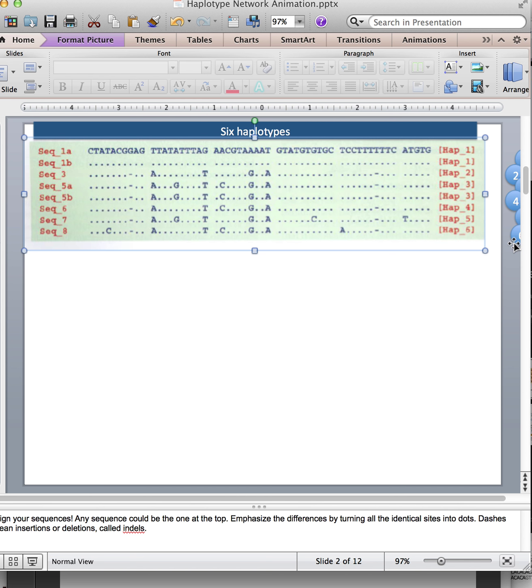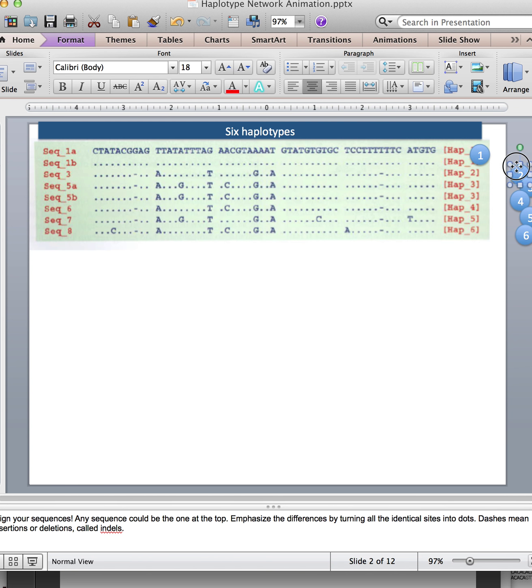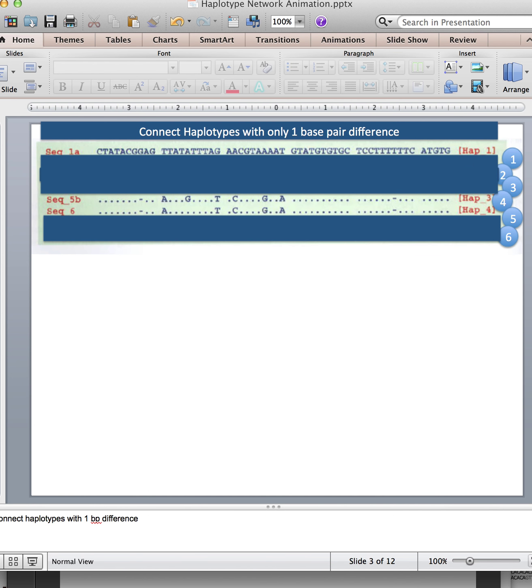Okay, so now we're going to identify the different number of haplotypes, right? So I would drag this over and I'd say haplotype 1 here, haplotype 2 here, haplotype 3, and so on. Okay, so now what we're going to do to create our haplotype network is we're going to connect the haplotypes that have only one base pair difference.